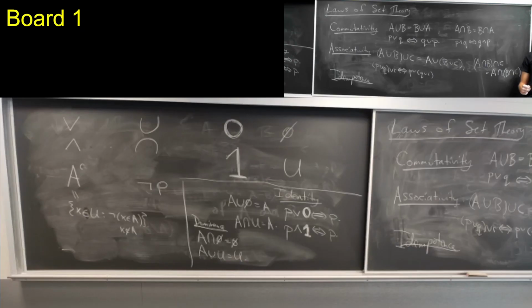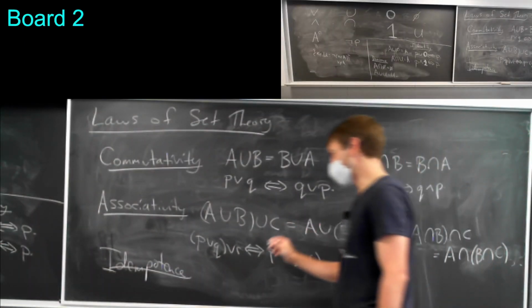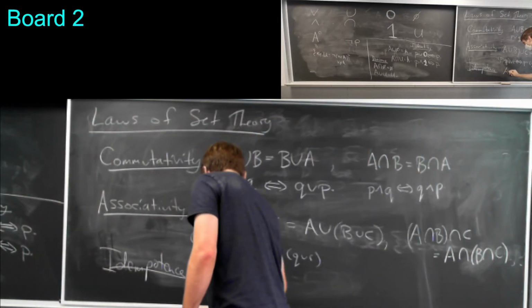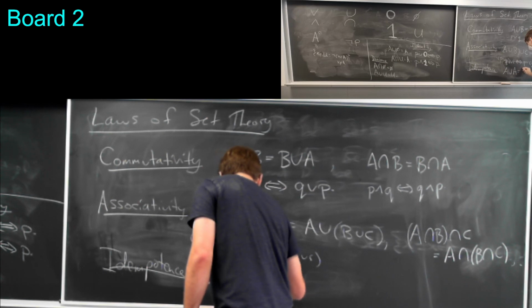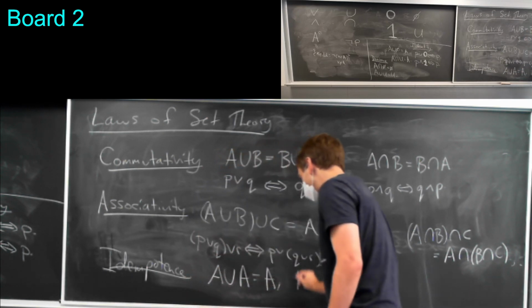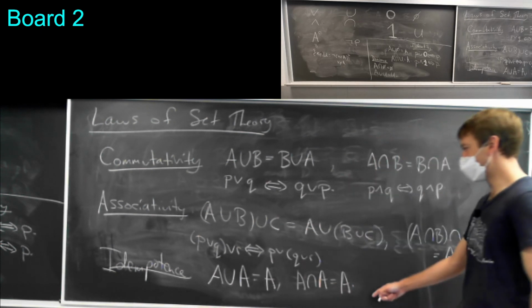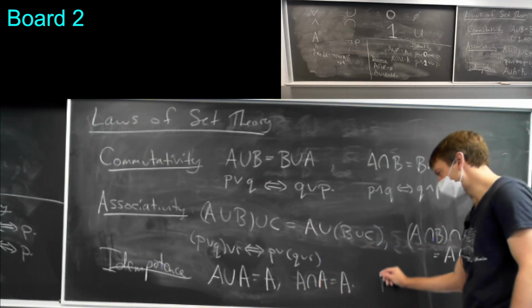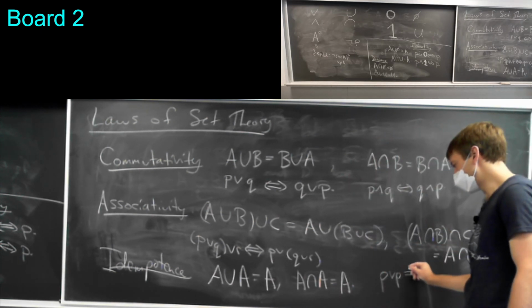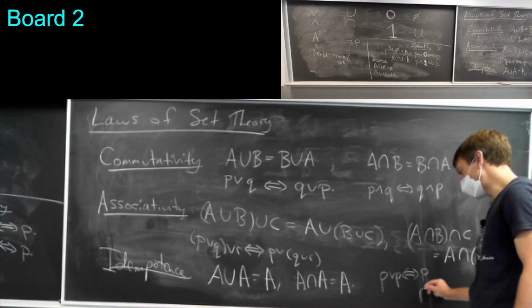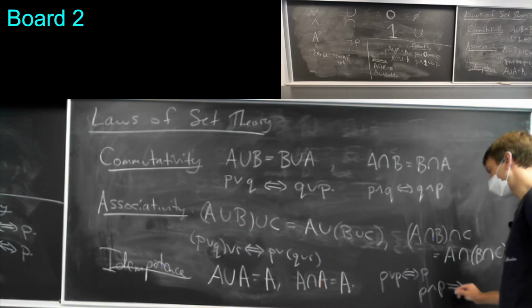What's idempotence for? Exactly, yeah. A union A is A, and also A intersect A is A. This comes from the rules we had, P or P is logically equivalent to P, and P and P is logically equivalent to P.